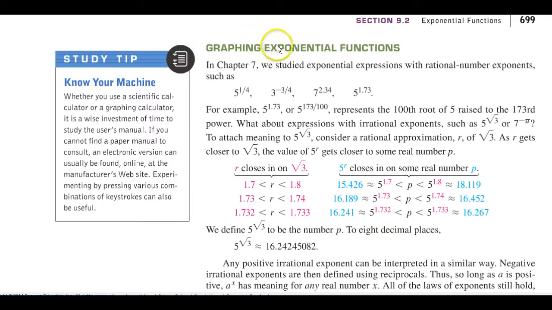So in chapter 7, we studied exponential expressions with rational number exponents. And it was 5 to the 1/4 power, and then these other examples. I don't recall doing those with decimals, but that would be another form of fraction.